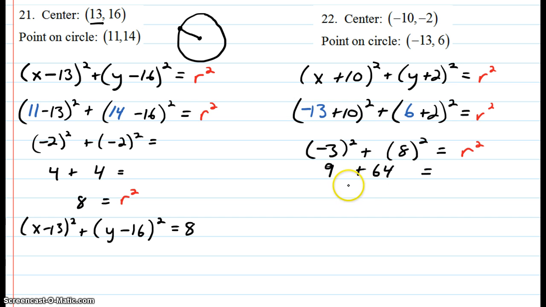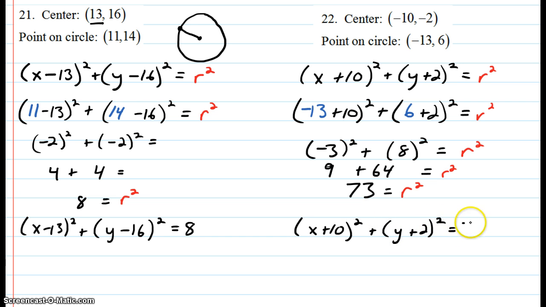So 9 plus 64 is 73, and that's what our r squared is. So now I'm just going to put the 73 there. My final answer is just x plus 10 squared plus y plus 2 squared equals 73.